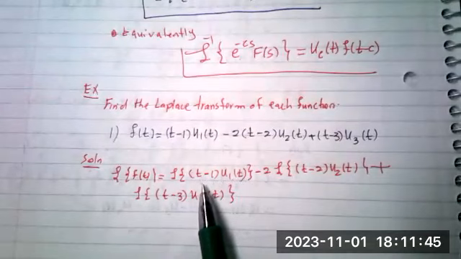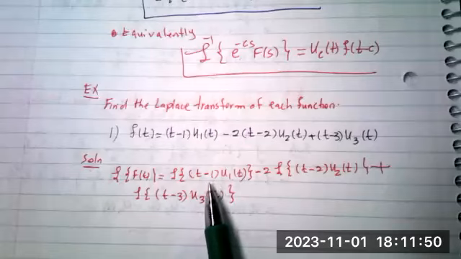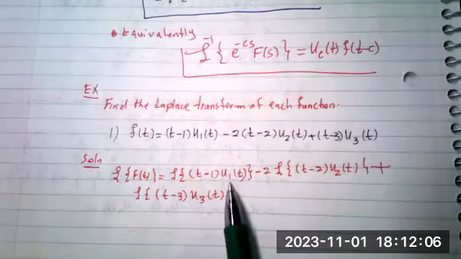So if f of t minus 1 is t minus 1, what is f of t? That's it, t. This is f of t minus 1. If you add the 1, that gives you t. So the function f of t is t. So this would be f of t minus c times uc of t. So the result would be what?